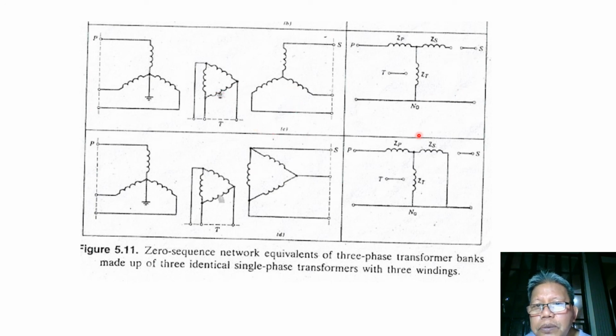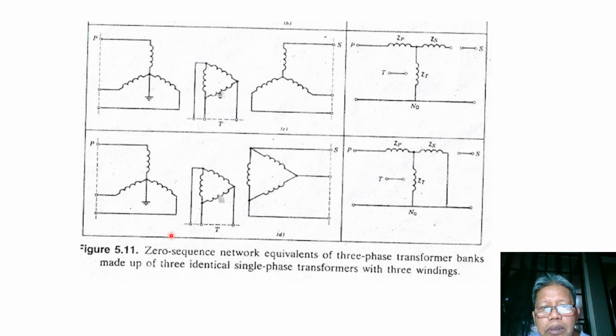For the tertiary winding, from the neutral of the equivalent circuit of our three winding transformer to the reference node, zero sequence current may flow. But with respect to the terminals of the tertiary winding, it is open. So in other words, the zero sequence current at the primary can flow from P to the neutral, passing through these impedances Z sub P and Z sub T.